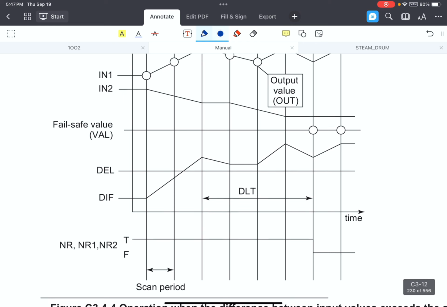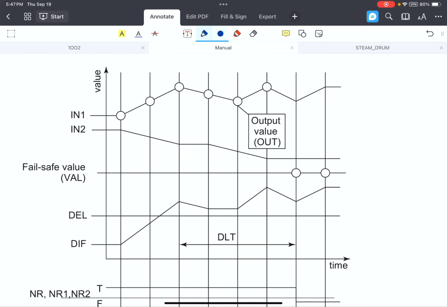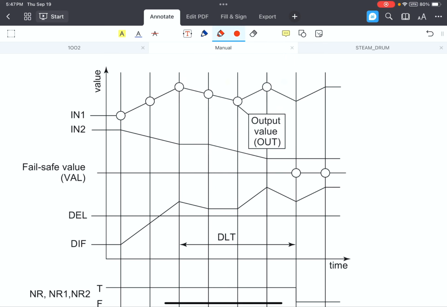And the last curve is regarding the range deviation between input 1 and input 2. So let us just see what's happening.